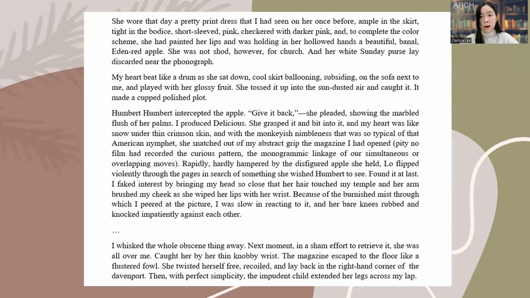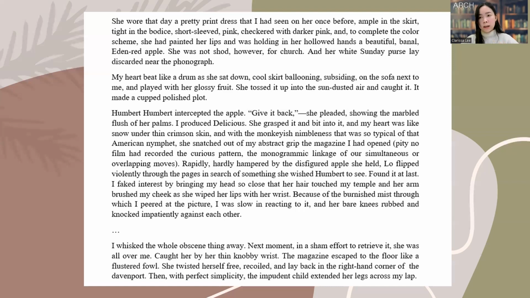And also, in terms of authorial choices, the author is deliberately using diction to highlight the young age of Lolita Dolores, and to highlight the uncomfortable nature of the scene. If we look at the last paragraph, for example: I caught her by her thin, knobby wrist. This is not the wrist of an adult.